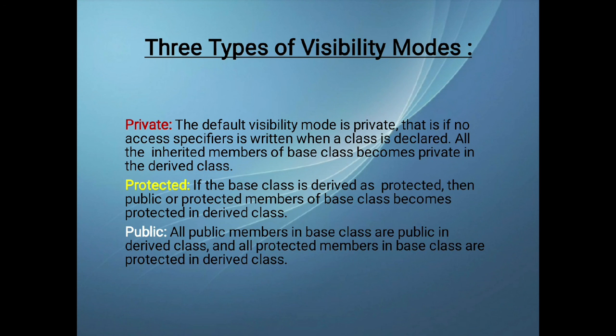Now in the case of public, all public members in the base class are public in the derived class. All protected members in the base class are protected in the derived class.